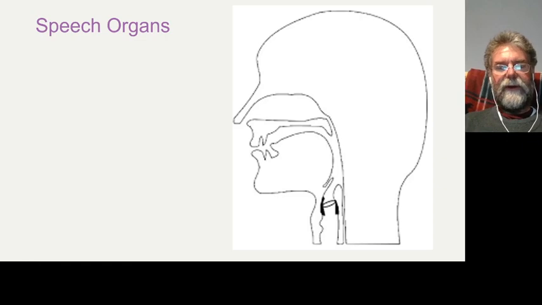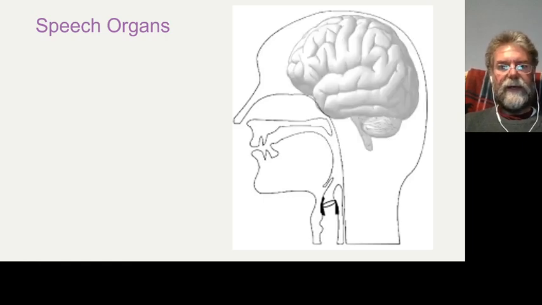Now, one of the organs that is very important for speech control isn't represented here. Let me show you it. It's the brain. The brain is a very important part of the speech production process because it's what controls everything.